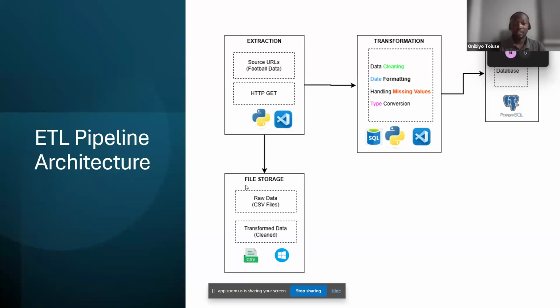This is more to give an overview of how the project was executed. So we extracted the data from the website using Python. Then the data is extracted and loaded into a dataset folder we have on the laptop, and we saved it in CSV format.